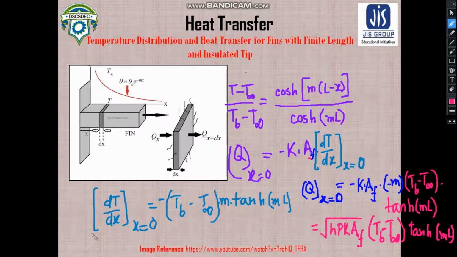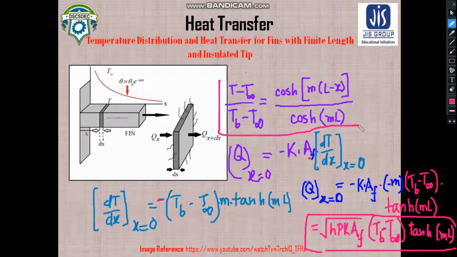When we find this dT/dx at x equal to 0, it becomes minus (Tb minus T infinity) into m into tan hyperbolic of mL. This value is found after putting x equal to 0, and when we put this dT/dx in the equation, we get this as our result. So this is the heat transfer rate, and this is our temperature distribution.